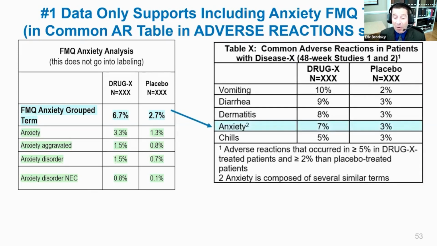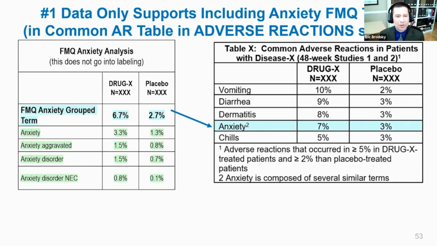So this part right here, the right table, is what would go in labeling. So this would be the most common adverse reaction table in subsection 6.1, the clinical trials experience subsection in section 6. And then here you could see anxiety is 7% versus 3%.